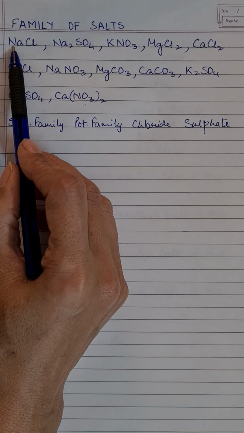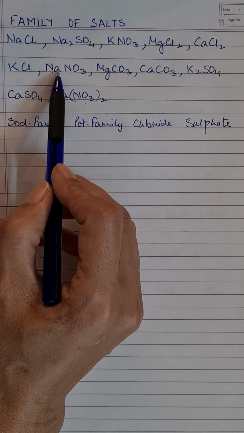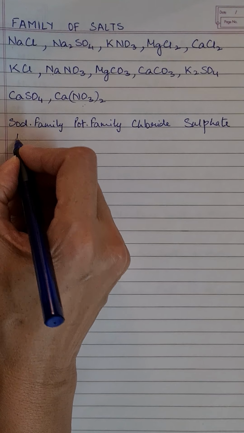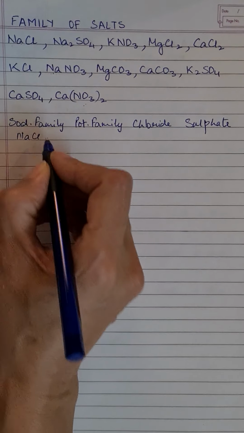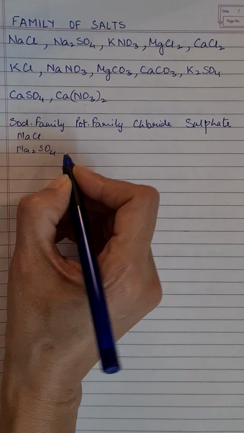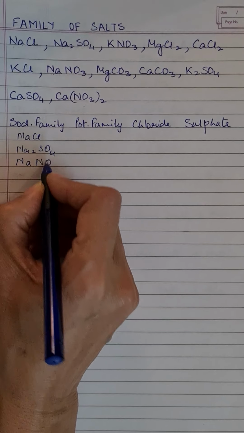Now, sodium here is the cation, so these salts have a common cation. So the members of the sodium family would be sodium chloride, sodium sulfate, and sodium nitrate.